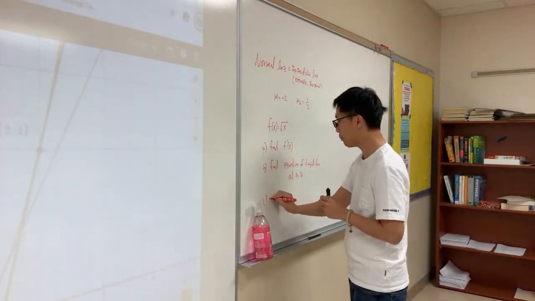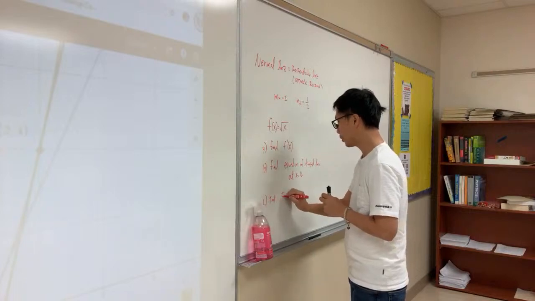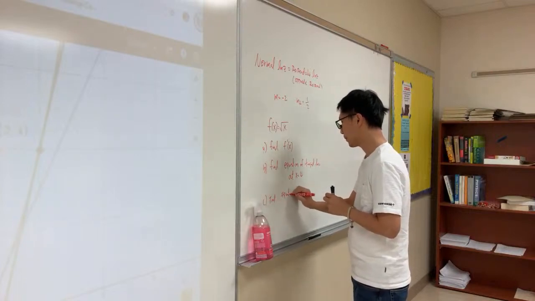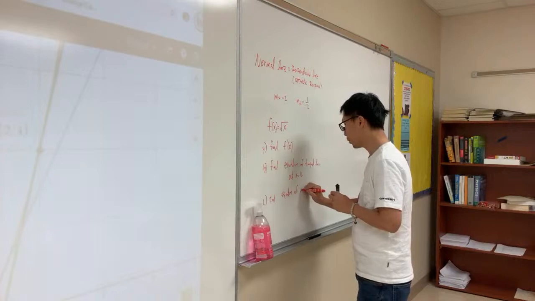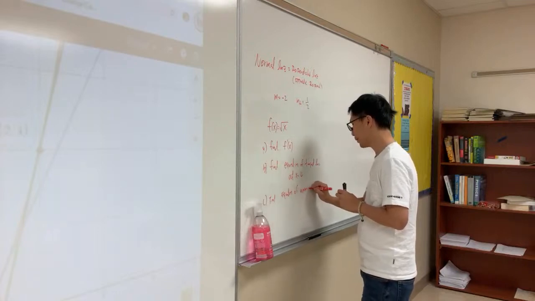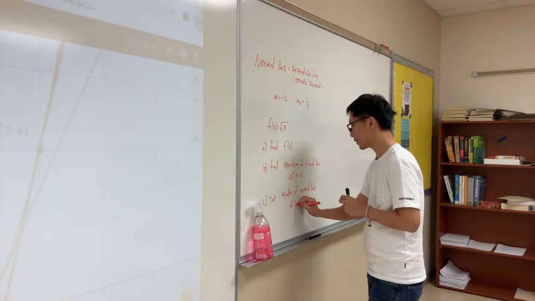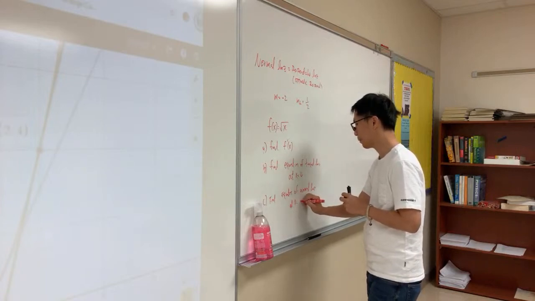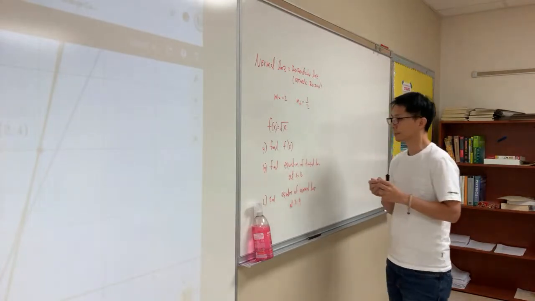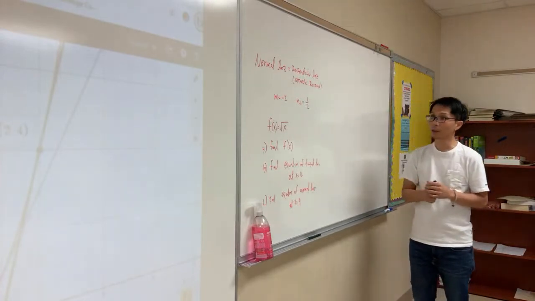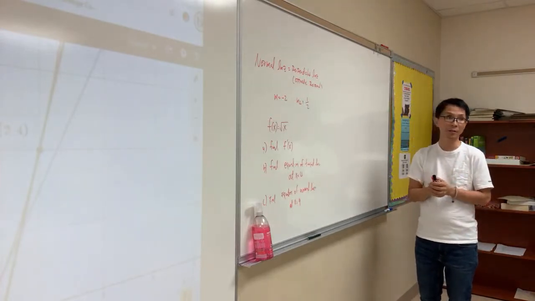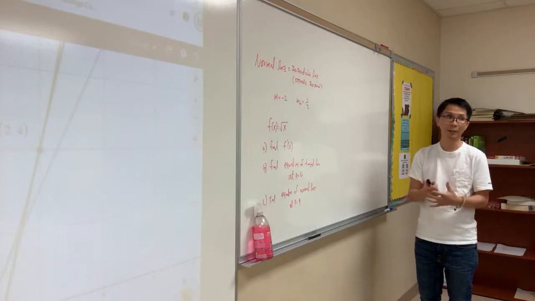And C, I want you to find the equation of the normal line, which is the perpendicular line, at x equal to 9. Okay? So this will be a multiple part question. You have to figure out what those are.